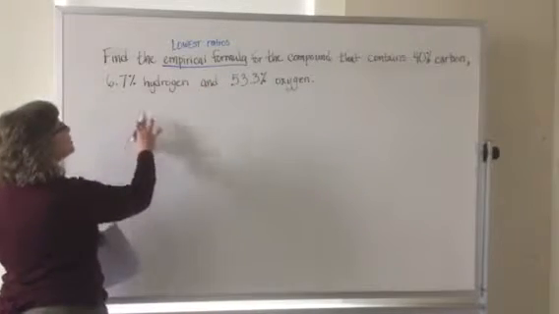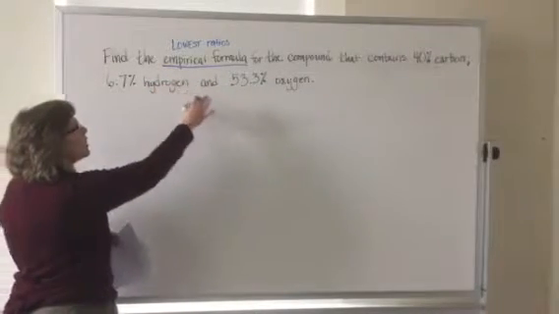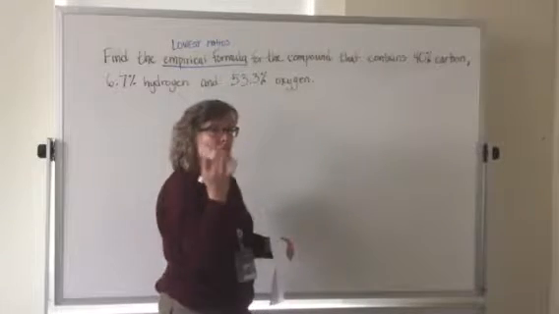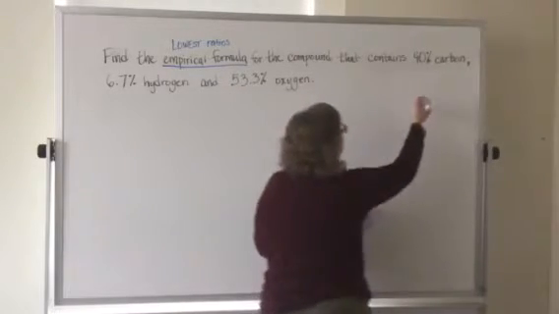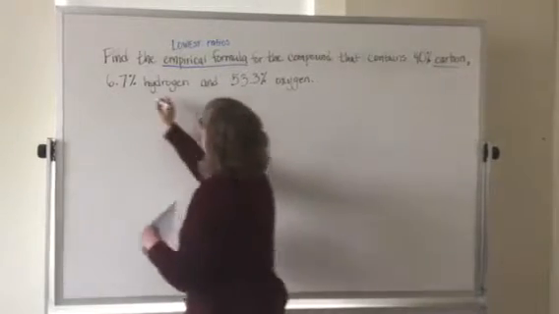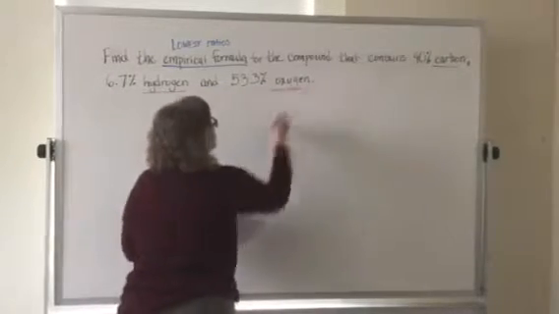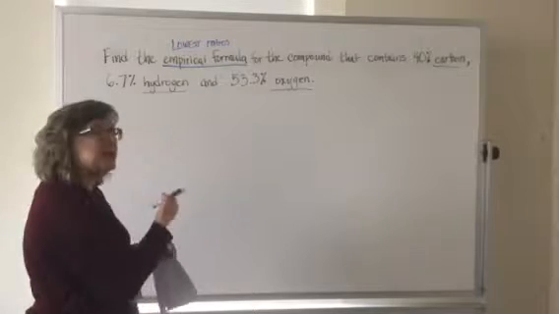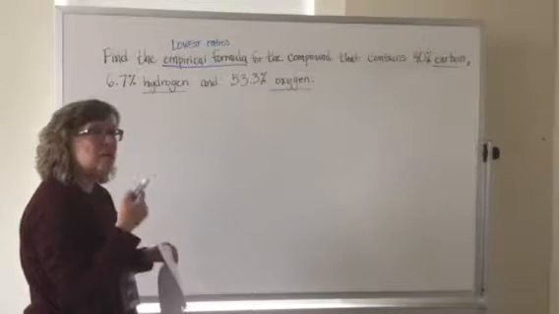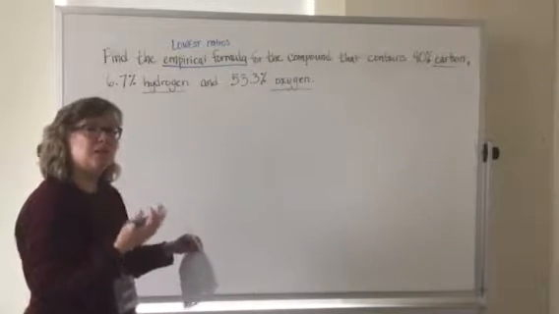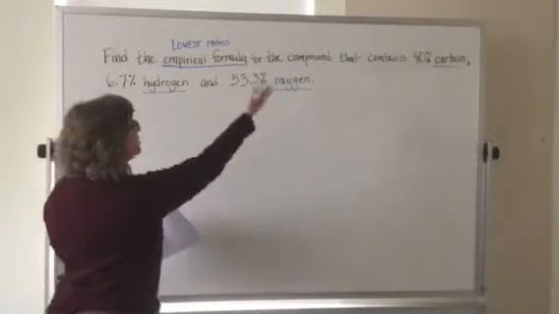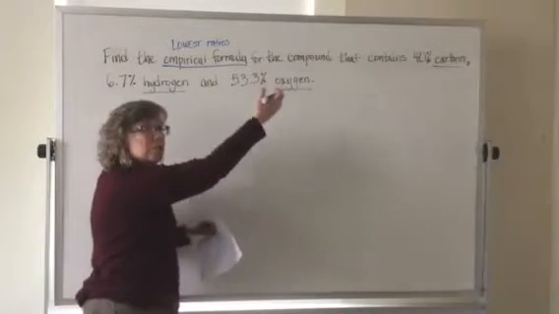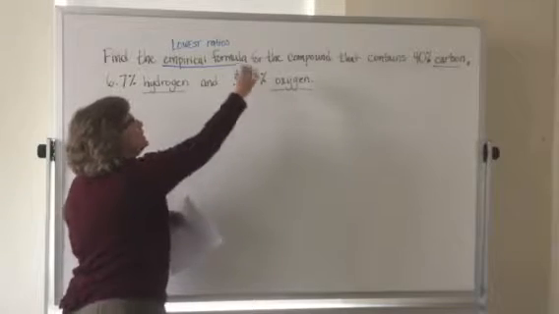So what we have here is we want to look for the empirical formula for a compound that contains three elements. We're looking at carbon, hydrogen, and oxygen. Now, in this case, we're not given mass information, we're given percents, basically percent composition. So those percents represent the percent composition of those elements in this compound.